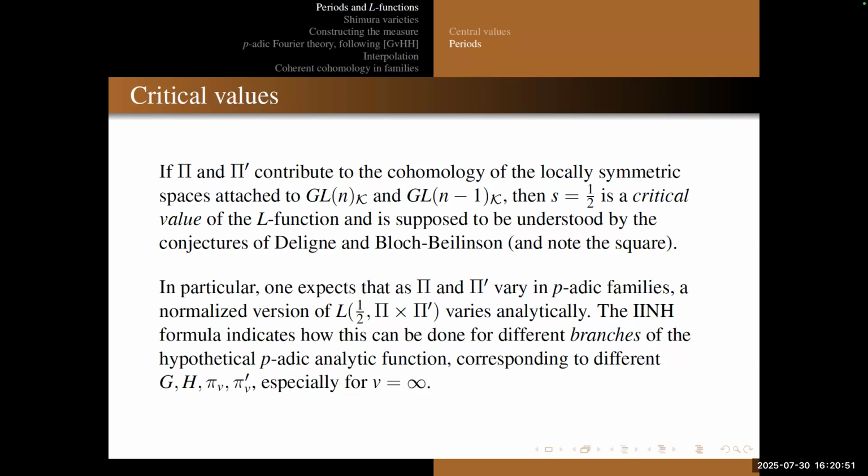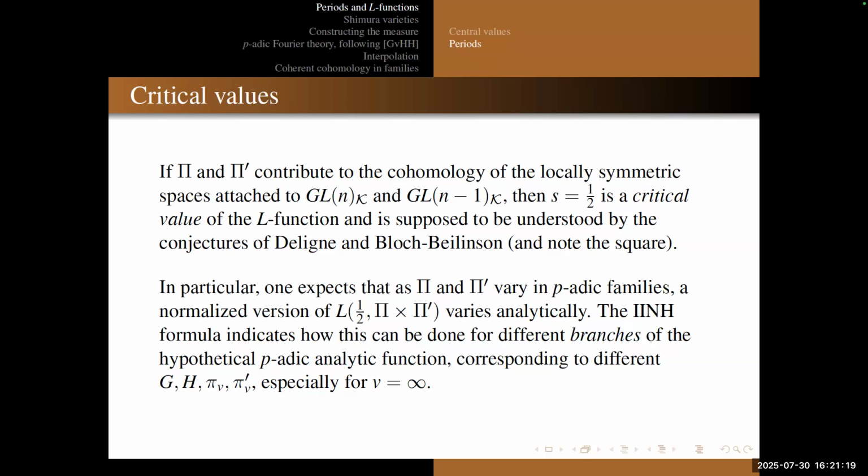And in what I'm going to talk about, it's only the pi prime that's going to vary. It's the f prime that will vary in the Hida family. But this is just one of many possible directions to take with p-adic interpolation of special values of L functions. And for the square root, this is essentially the beginning of the story.